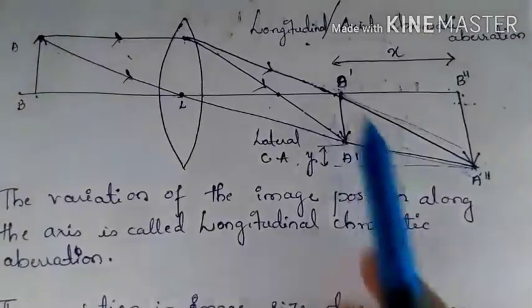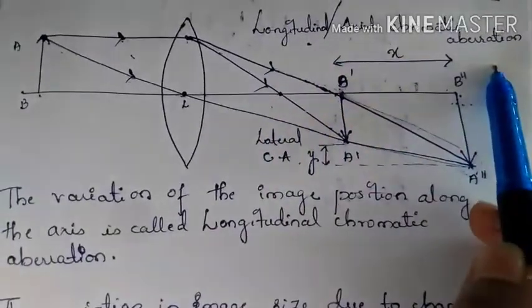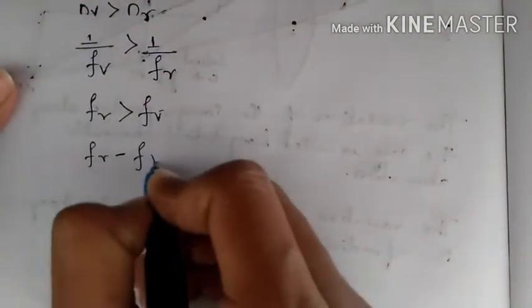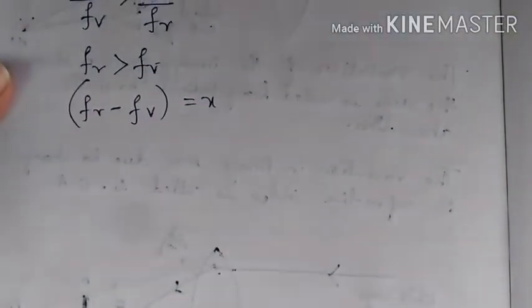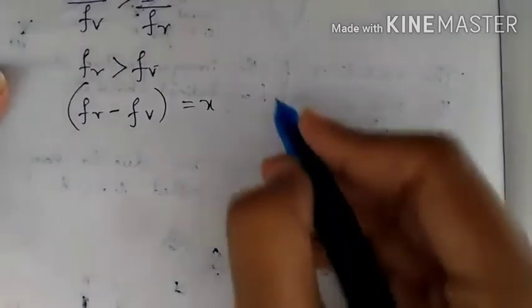So that I have already said in the above diagram. So if I write FR minus FV is equal to X, so X here is what? It is the measure of longitudinal chromatic aberration.